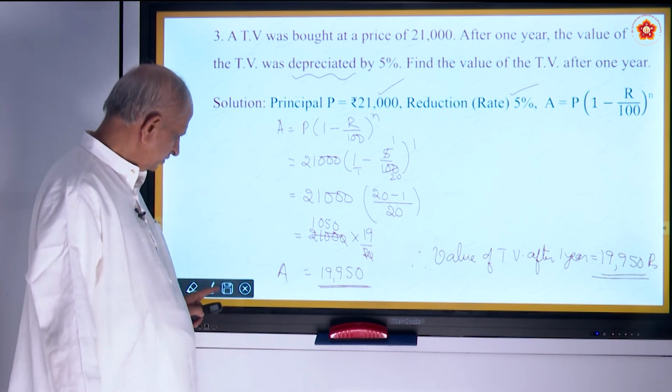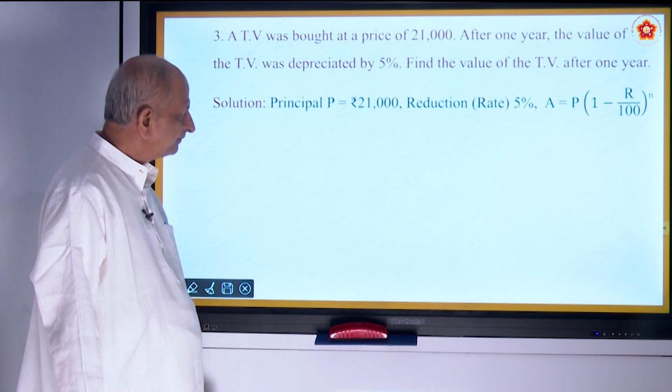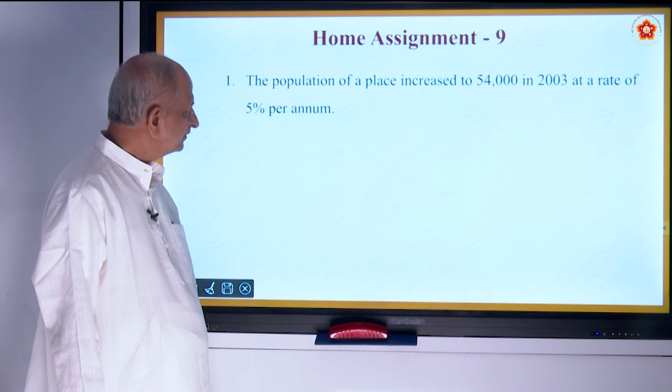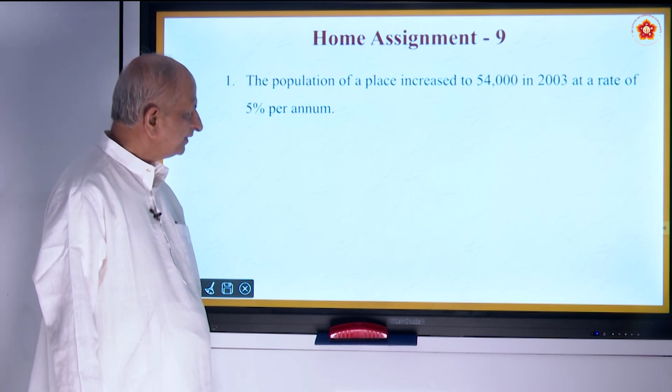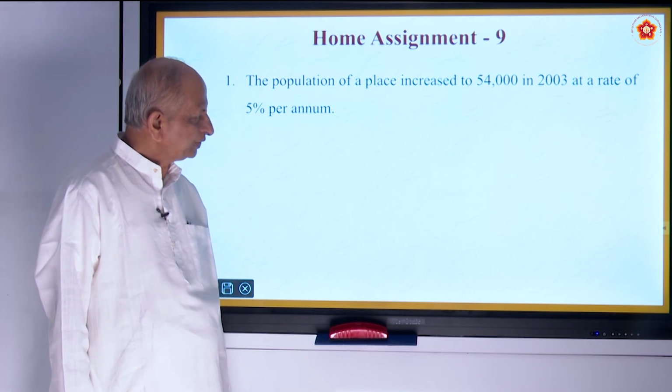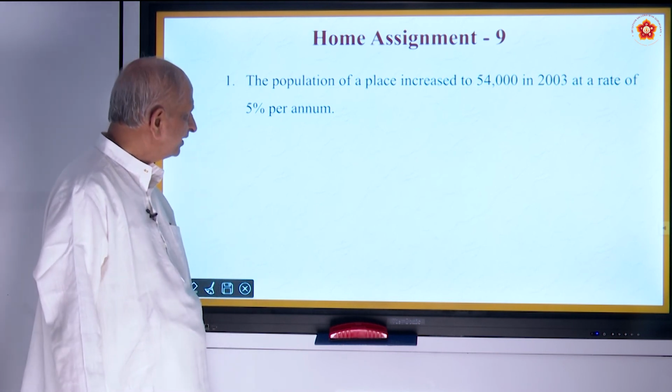Noted on. Now shall we go to home assignment? Okay. Simple questions. Population of a place increased to 54,000 in 2003 at a rate of 5% per annum.